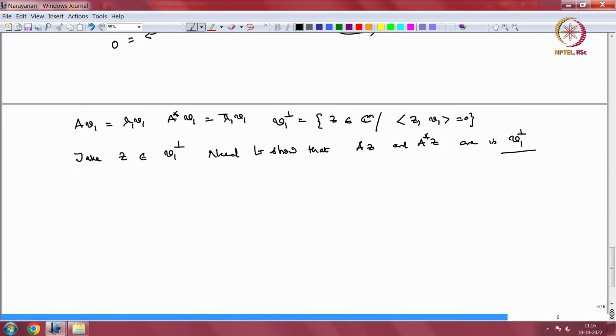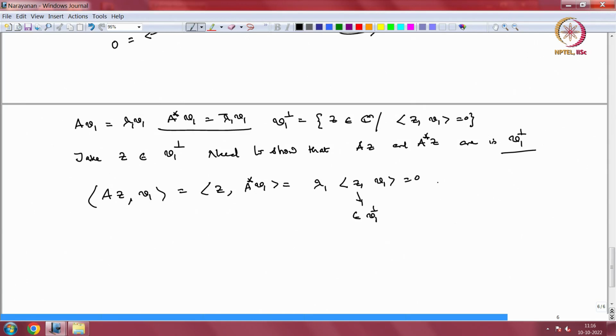But that is now easy, because how do I show that something is in the orthogonal complement of some vector? I just take the inner product with that and see what happens. Well, this is Z inner product with A star V1, but A star V1 is lambda 1 bar V1. So, the lambda 1 bar comes out as lambda 1, Z V1, but Z belongs to V1 perp. So, the inner product is 0, right.